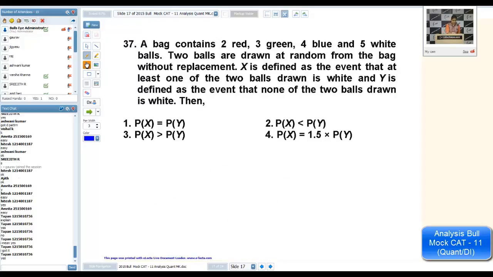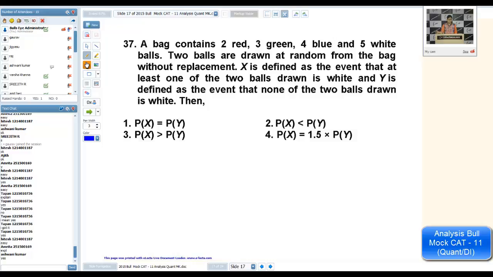37. Once again, probability. The bag contains 2 red, 3 green, 4 blue and 5 white balls. Easy one. Any problem in this? Many students have left this question. I don't know why. I think this is question number 37, that is the reason.